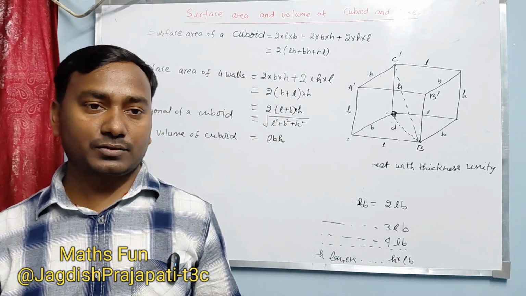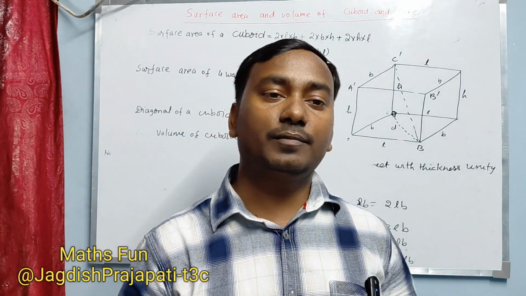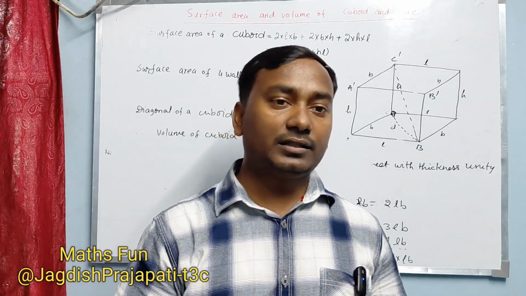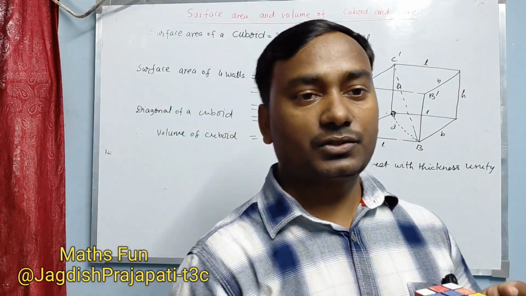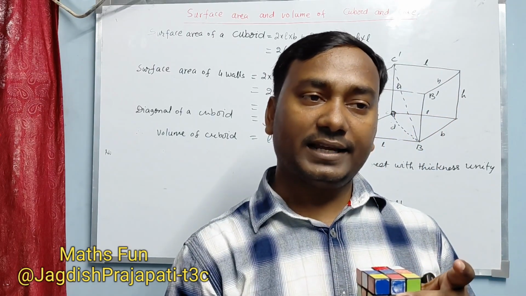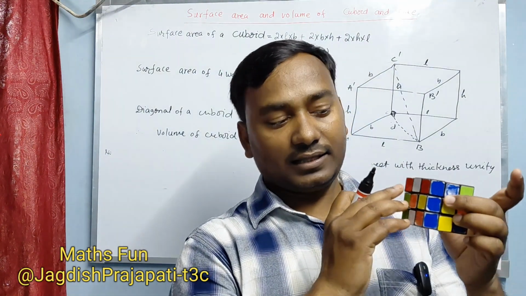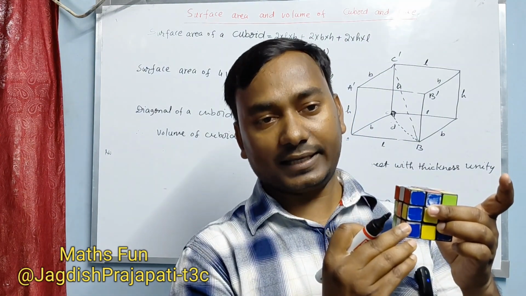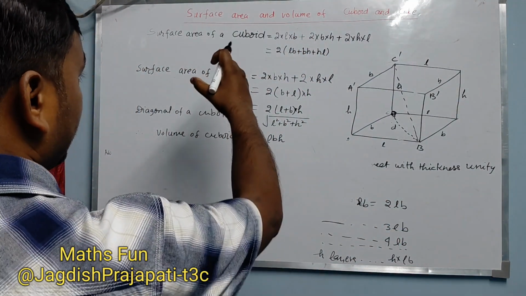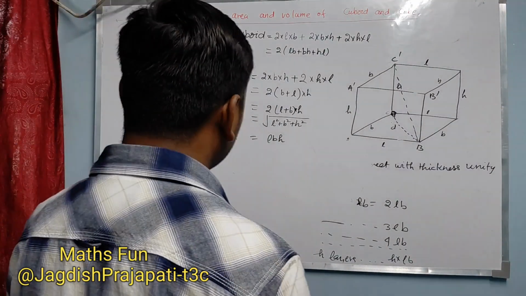Now we understood this concept, and using the same concept we can derive the formula for the cube. So cube is nothing, it is just the stacking of squares. In the square, you know that every side is equal, and if we say that this side is A, so the height will be A, the length will be A, and the breadth will be A. So if we use this formula, then we can derive the formula for the cube.